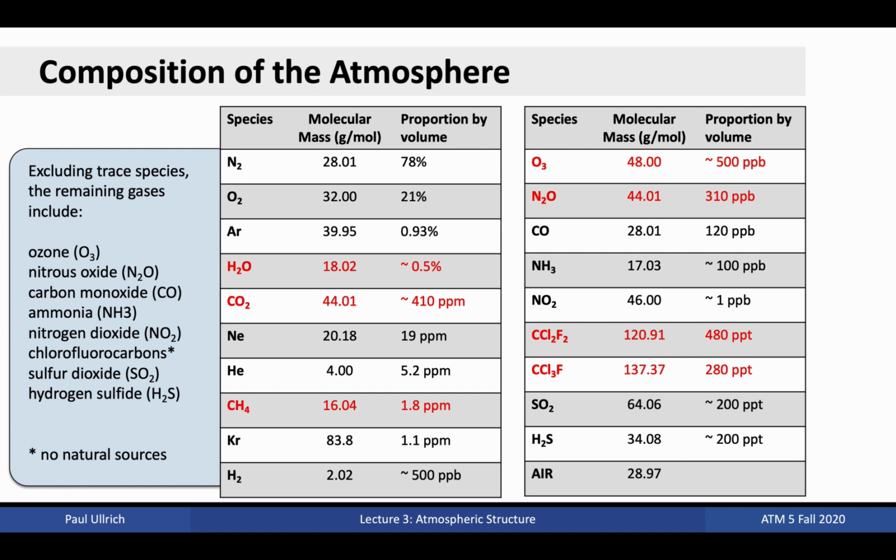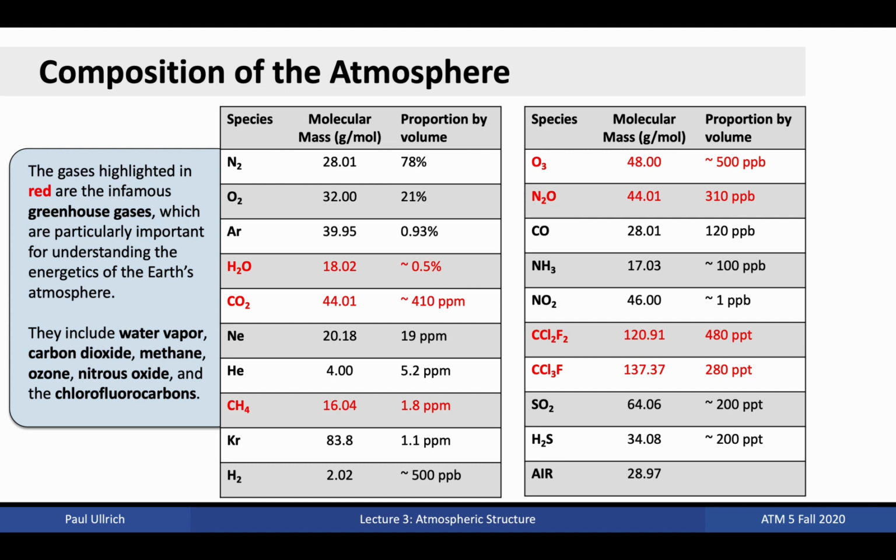Nitrogen dioxide is another gas that has been increasing because of human activities. Chlorofluorocarbons are entirely associated with human activities, as they are synthetic molecules that were manufactured starting in the 1960s because of their utility as refrigerants. Among these, human activities can be directly attributed to changing concentrations in many of these gases.